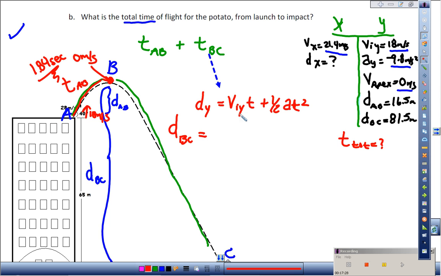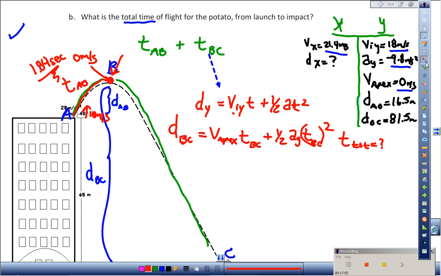is equal to my velocity at this point, which is at the apex. The velocity at the apex times the time from B to C plus 1/2 the acceleration due to gravity times the time from B to C squared.